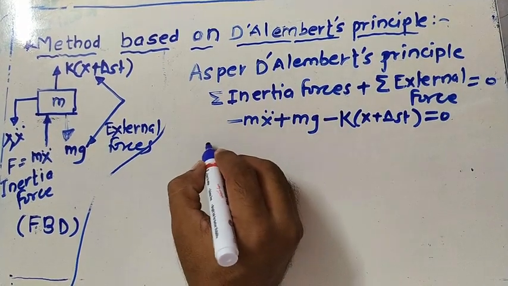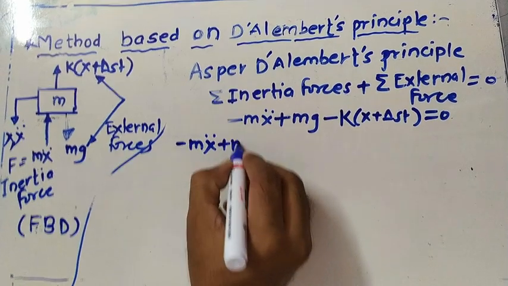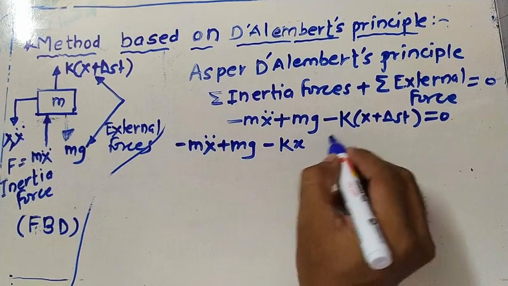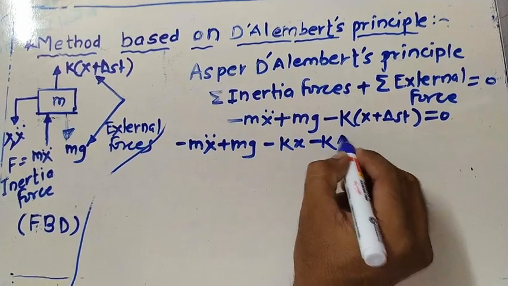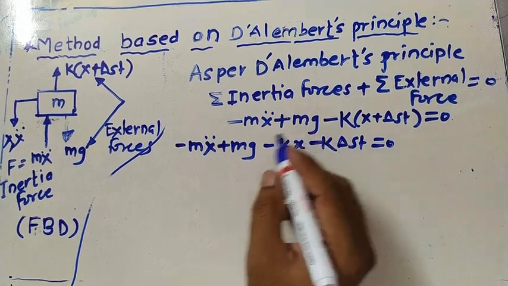Now rearrange the various terms: minus k x minus k delta st must be equal to 0. Now simplify this.